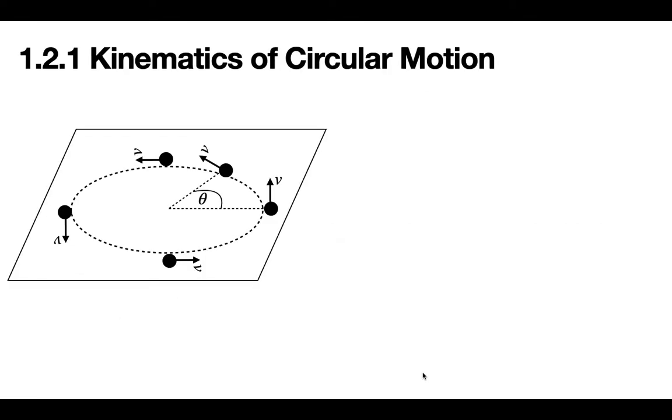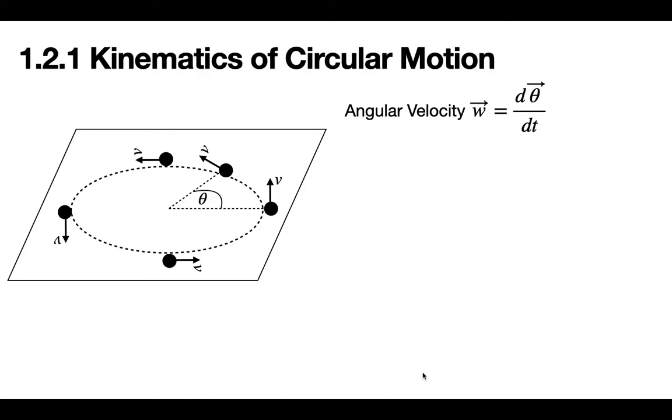Let's look at the kinematics of circular motion and understand various quantities. Angular velocity, omega. As shown in the figure, the object moves from point A to point B and it sweeps through angle theta. Let's say that happens in time t.